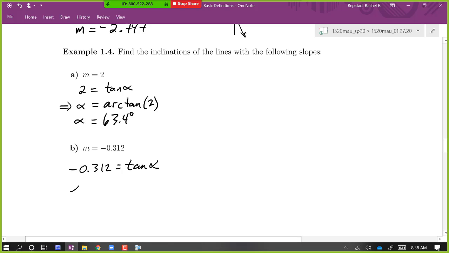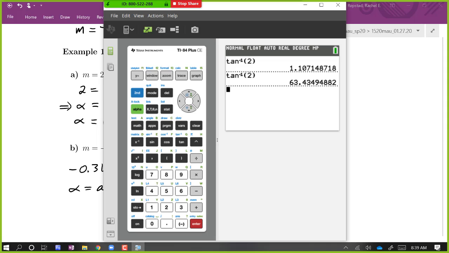And then alpha is going to be arctan of negative 0.312. Let's see what happens. We get an angle of negative 17.32 degrees. That's problematic because we know the inclination is always a positive angle between 0 and 180.